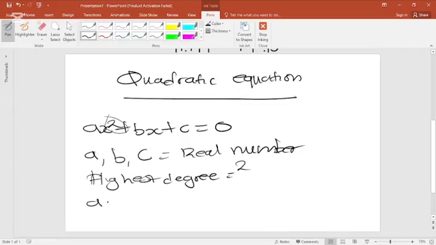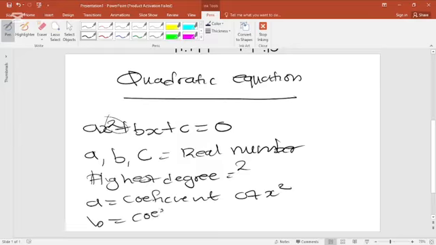We must also know that A is a coefficient of x squared, and B is a coefficient of x. C is a constant. Okay, C is a constant.